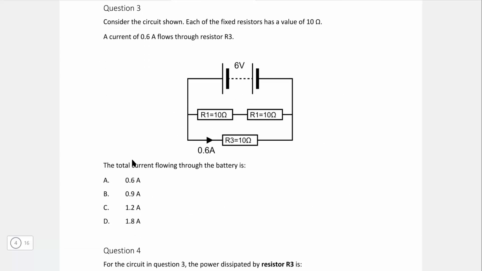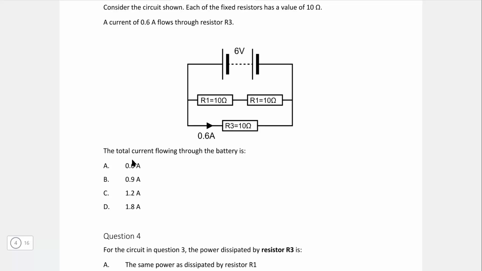Consider the circuit shown. And we have a few resistors. A current of 0.6 amps flows through resistor R3. The total current flowing through the battery is... Okay, this is actually quite a tricky question.